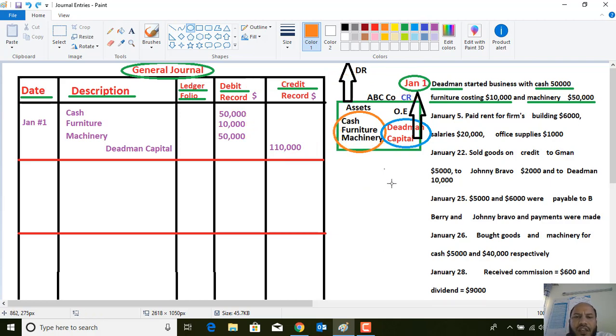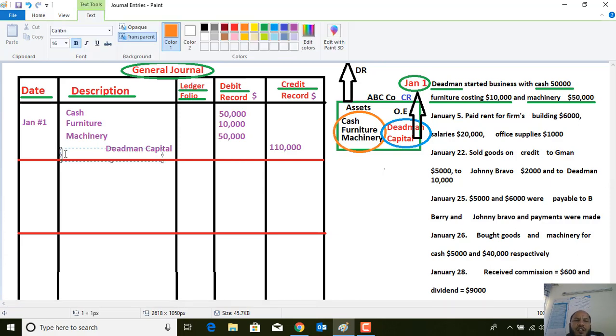Okay, now if you remember, we mentioned in our earlier discussion that we should give a very short explanation for these transactions, which is available in the description column. So now I will give a short explanation for all these transactions in the description column.